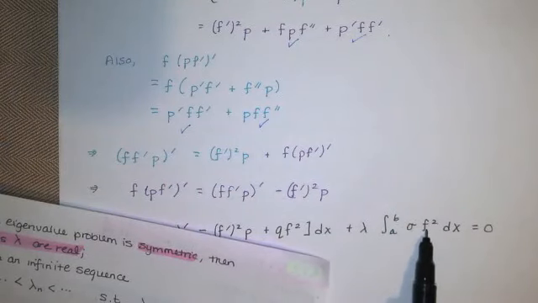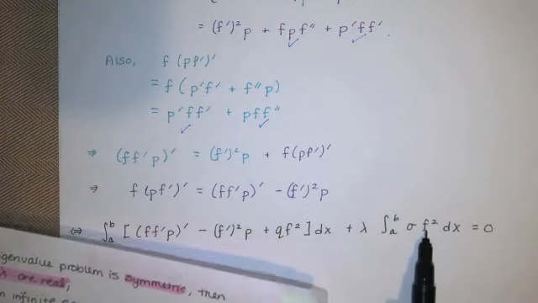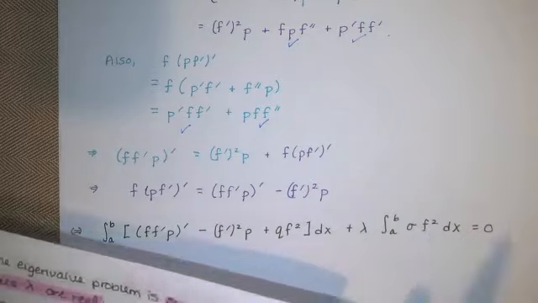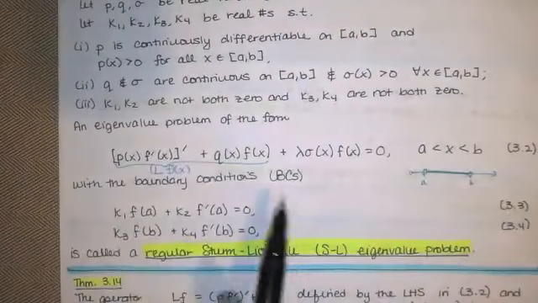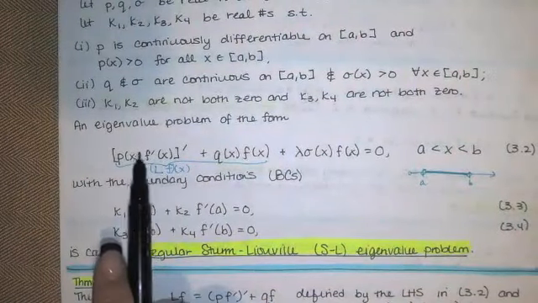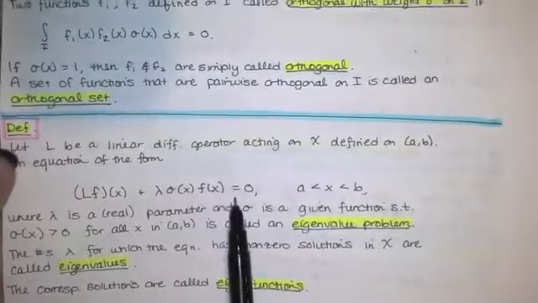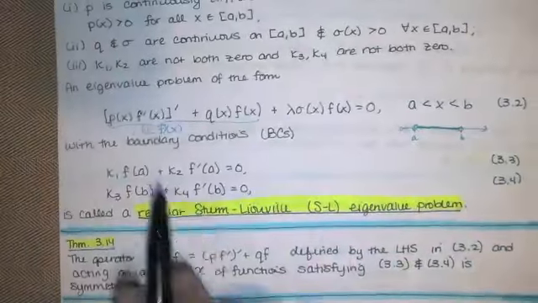And the function f is an eigenfunction of our differential equation. Now remember, eigenfunctions are non-zero solutions to this differential equation. Well, in general, there are non-zero solutions to this differential equation, some linear operator, but we're interested in regular Sturm-Liouville problems.